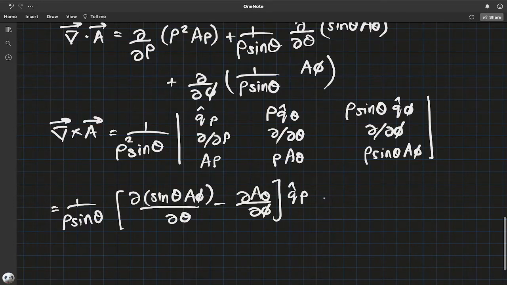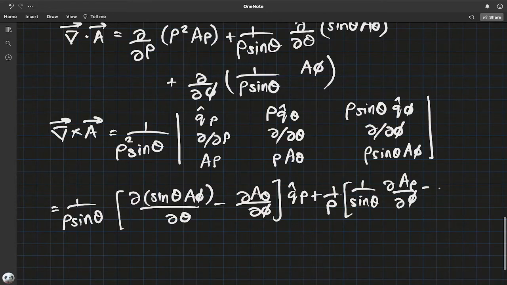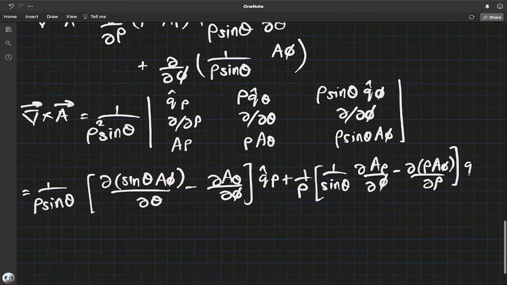rho hat. Plus 1 over rho, 1 over sine theta partial A sub rho with respect to phi minus partial of rho A sub phi with respect to rho, theta hat.